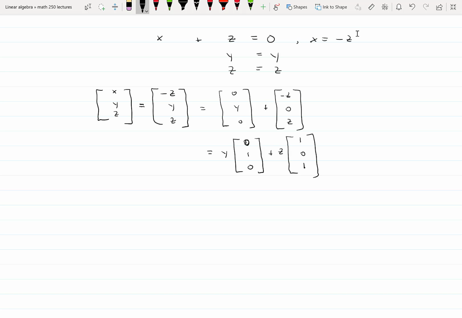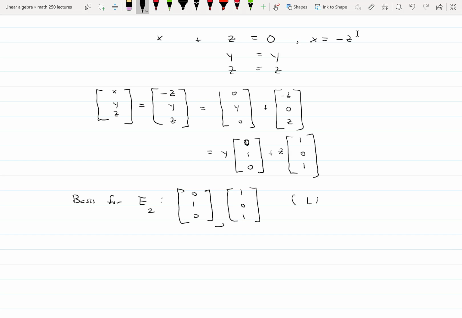The two vectors then form a spanning set for the set of eigenvectors. But these vectors are linearly independent because they're not proportional. I hope this is sounding familiar. So the basis for the eigenspace corresponding to the eigenvalue 2 is going to be the spanning set 0, 1, 0 and 1, 0, 1.